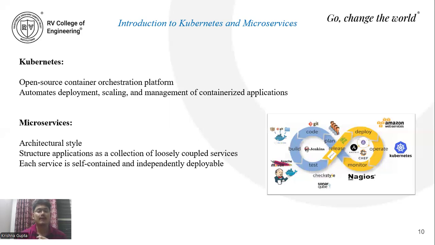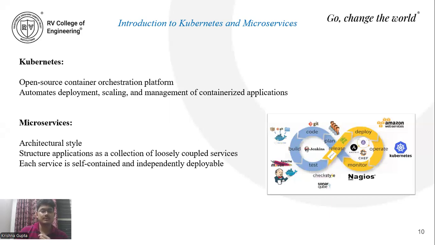One container will have a payment service, one will have authentication service, one will have billing service, one will have recommendation service, one will have logistics service, and on and on. And there will be one master node which will be redirecting the request made by the users to the particular containers to get the service. Everybody will be learning more in the next slides.